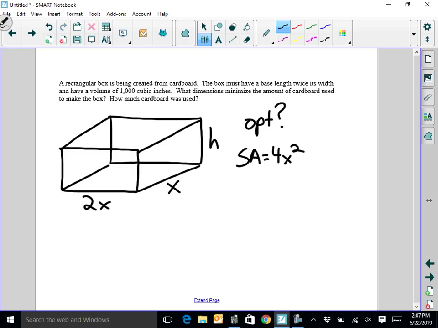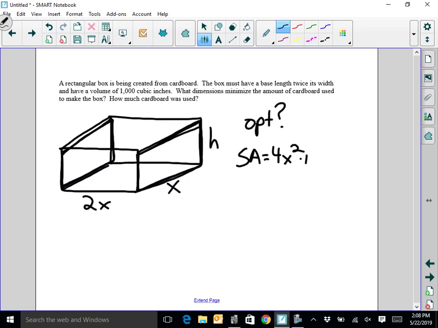Now I have to figure out the 4 sides. Well, this side right here, if you follow my marker, has an area of xh, but there's another one on the opposite side of it that's also xh, so that gives me plus 2xh.